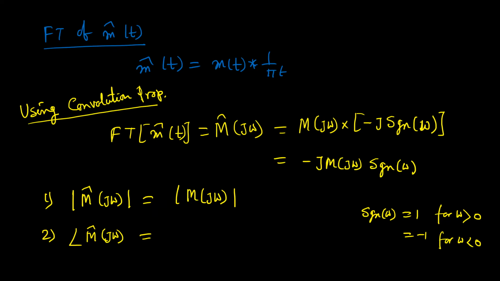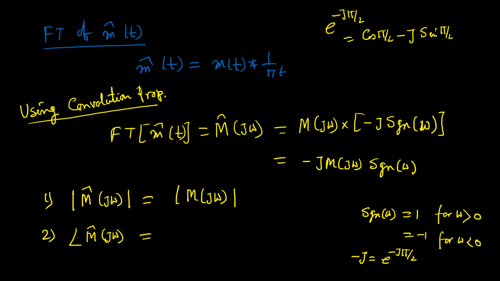So for omega more than 0, this is 1 and this is minus j. And minus j we can write as e to the power minus j pi by 2, because e to the power minus j pi by 2 is simply cos pi by 2 minus j sin pi by 2.